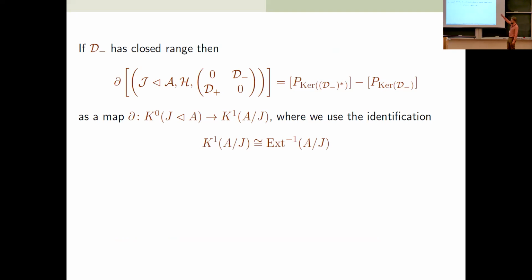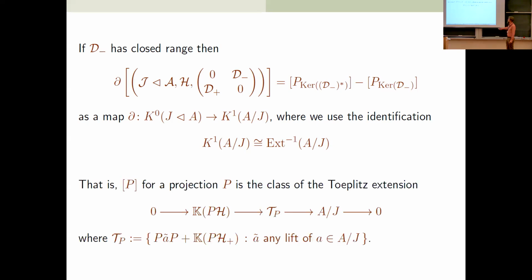Here I'm talking about an even cycle, so that the operator is odd. And just to clarify what this right-hand side is, we're using that K1 is just extensions, and then this P is a Toeplitz extension, like this.